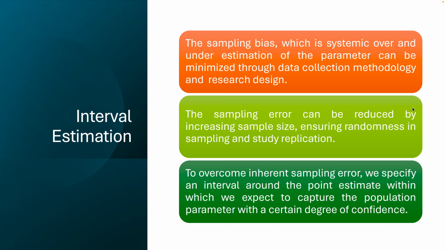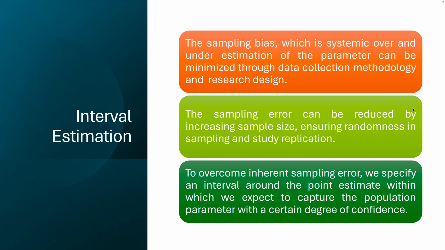It happens because of inappropriate data collection methods, inappropriate measurement scales, or a non-representative sample because of inappropriate research design. These we can minimize using established best practices in data collection and research design.